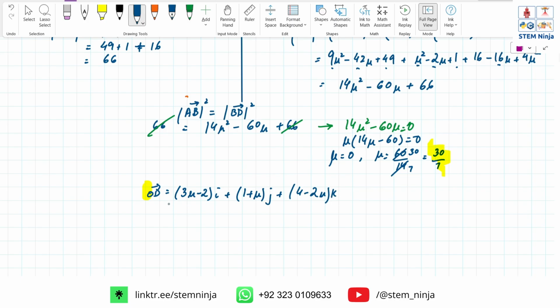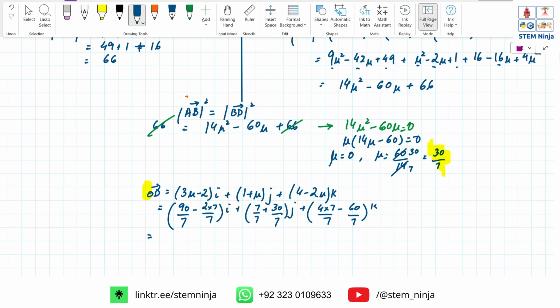So mu is 30 over 7. So 3 times 30, 90 over 7, minus, since we're going to be adding with 2, let's do 2 times 7 over 7 i, plus mu itself is 30 over 7, so we can add 7 over 7 over here, j, plus same thing, 4 times 7 over 7 minus 2 times 30 is 60 over 7.